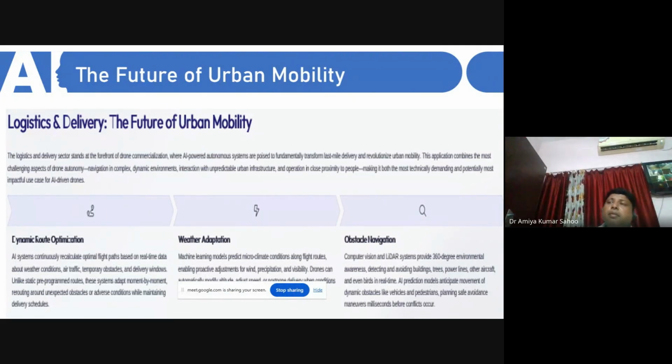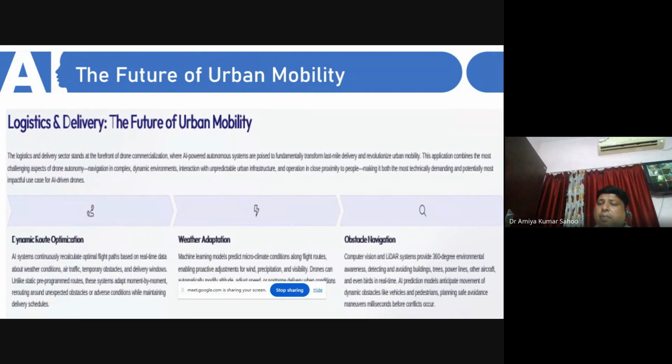If we see the different sectors, they stand for drone conversion, where AI powered autonomous systems are placed to fundamentally transform last mile delivery and urban mobility.